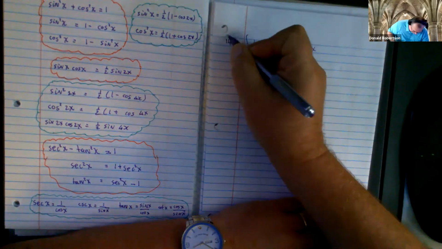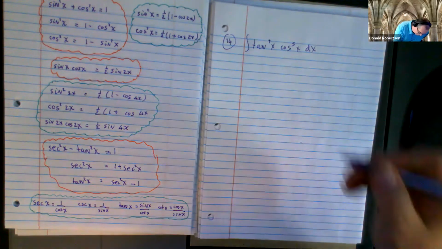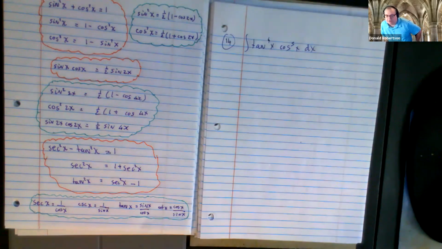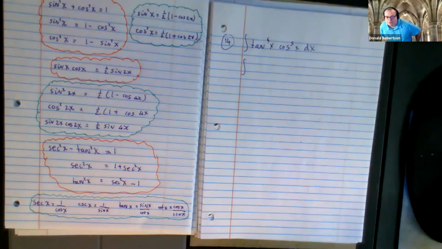Going to do even less to this one, just want to write it down. Tans and cosines don't play well together, right? So we're going to turn everything into sines and cosines. What is tan x if you rewrite it in terms of sine and cosine?